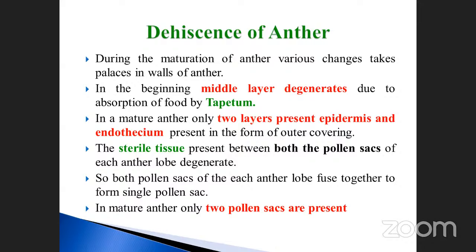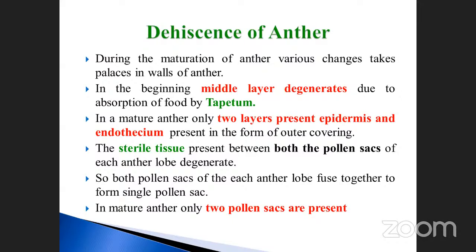Mostly they ask the question like this. The sterile tissue present between the two pollen sacs of each anther lobe degenerates. Suppose there is sterile tissue in between the pollen sacs. The sterile tissue is also completely degenerated. So both pollen sacs of each anther lobe fuse together to form a single pollen sac.